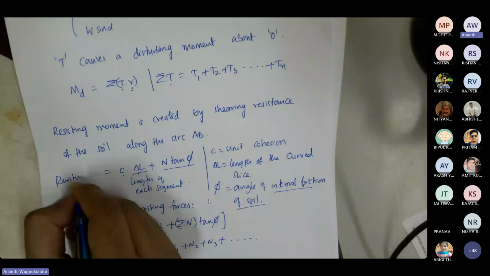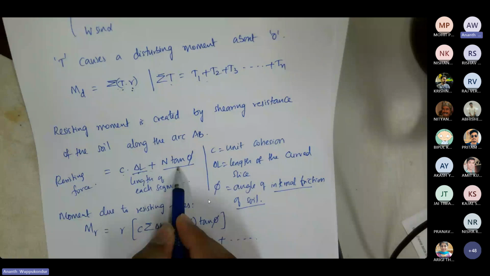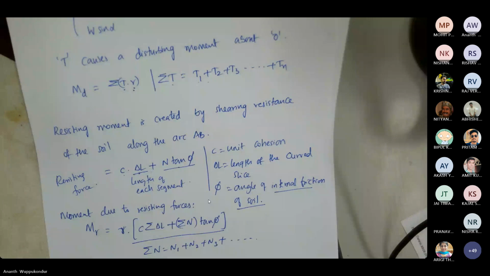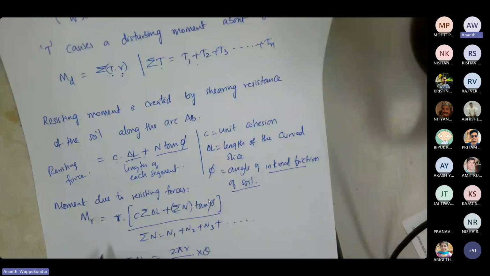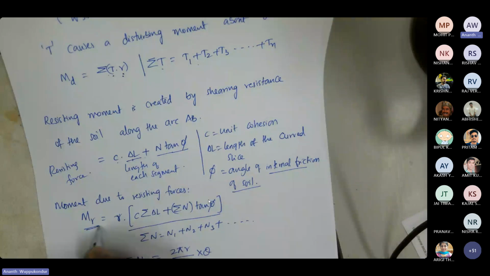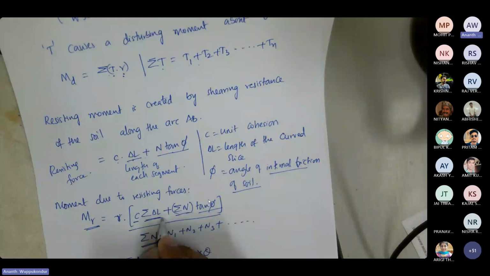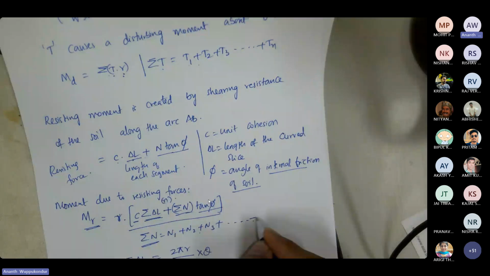And the moment of this force would be R times the force, where R is the distance from center O. So your total resisting moment MR would be R times sigma N multiplied by tan phi plus C times sigma delta L. So if you have n elements, then sigma N would be N1, N2, N3, and so on until Nn.